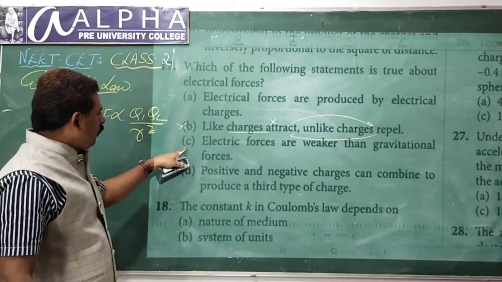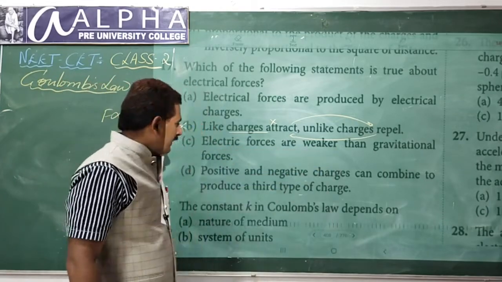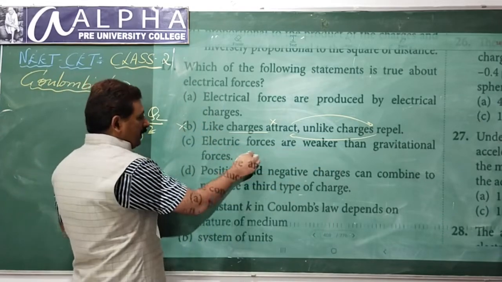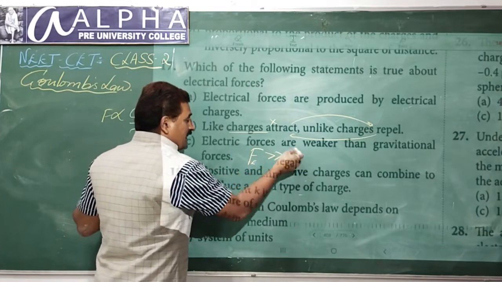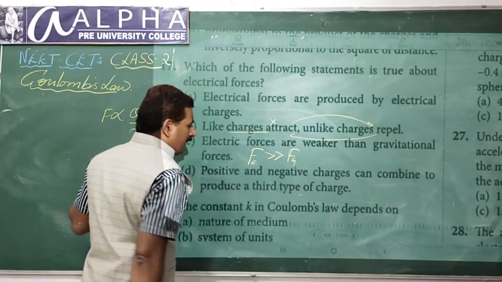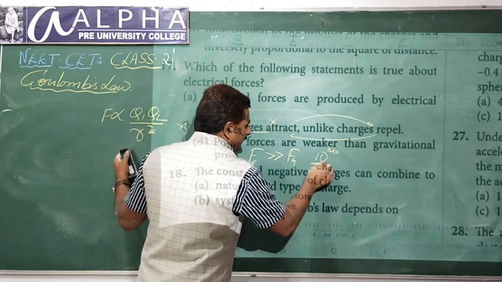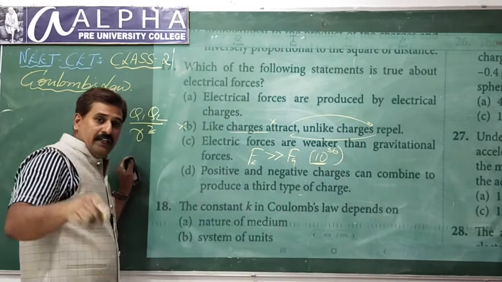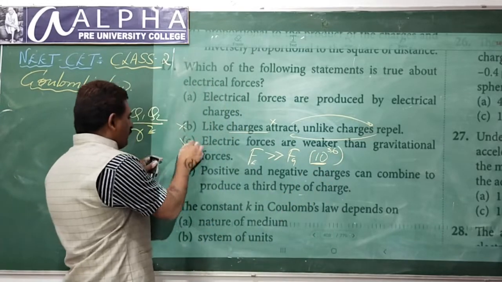Now come to option 3. Electric forces are weaker than gravitational. No. Electrical forces are very, very strong, stronger than gravitation by about 10 power 36 times. You have learned this last year in the gravitation chapter, and also basic forces in nature. So this option is wrong.